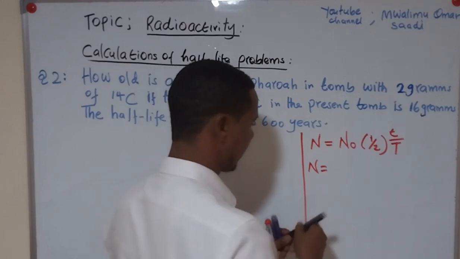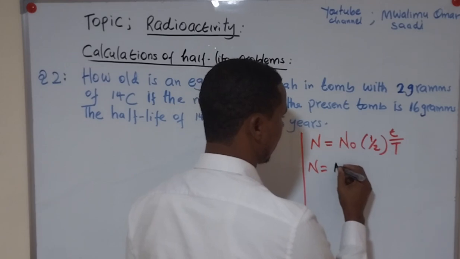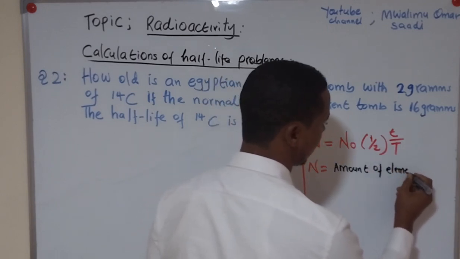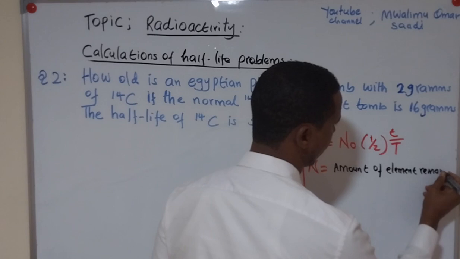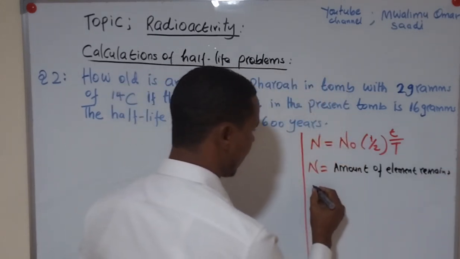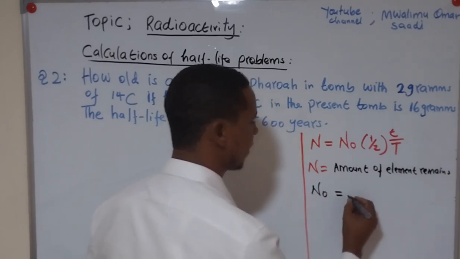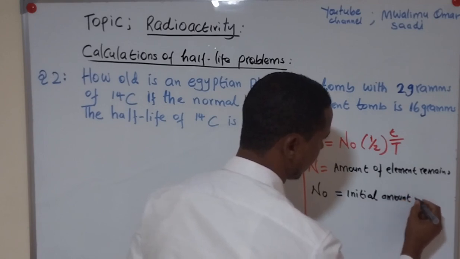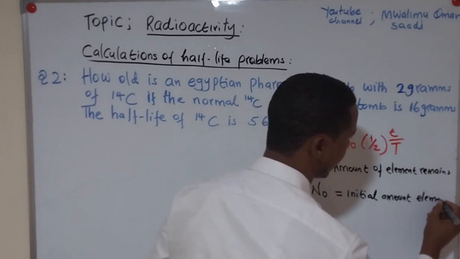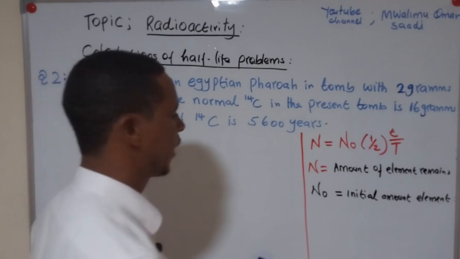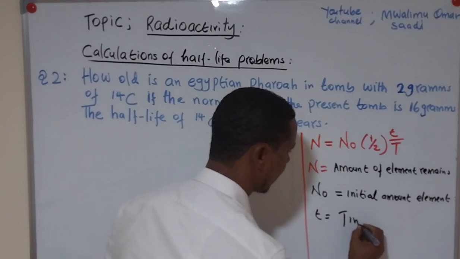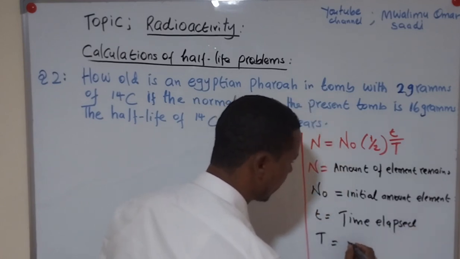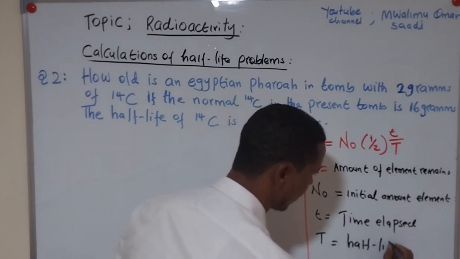the amount of the element that remains after decay, and N0 is the initial amount of the element, small t is the time taken or the time elapsed, and capital T is the half-life.